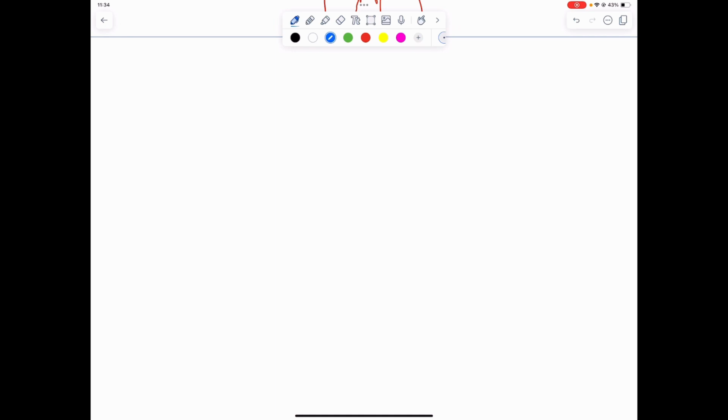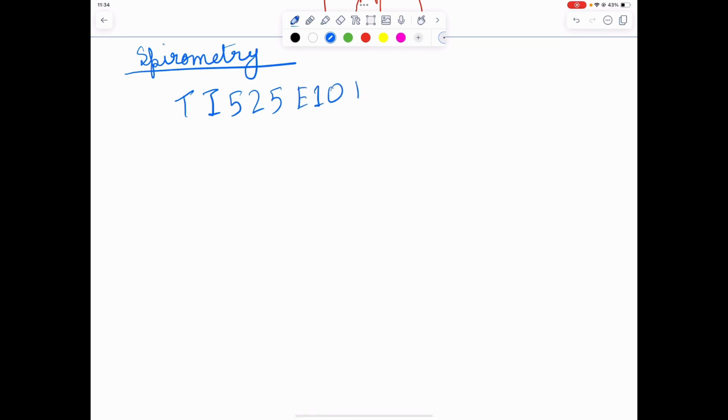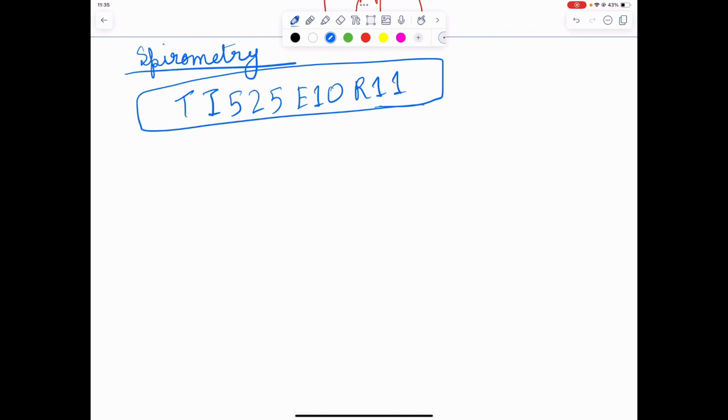Now there is a lot of confusion regarding spirometric findings. So just remember "tie 525 E10 R11". How will you decode it? Tidal volume, total lung volume here would be 5 liter.